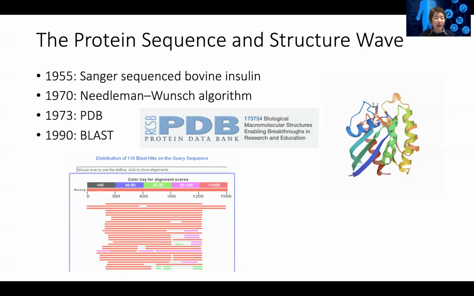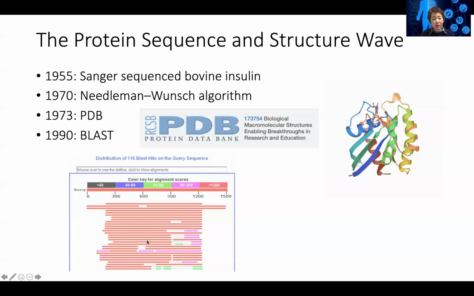And there are algorithms for doing faster search. If you have a query sequence of your new protein sequence, you can enter it into this database and run an algorithm called BLAST, which will tell you all the hits, previous sequences that might be similar to your query of interest.